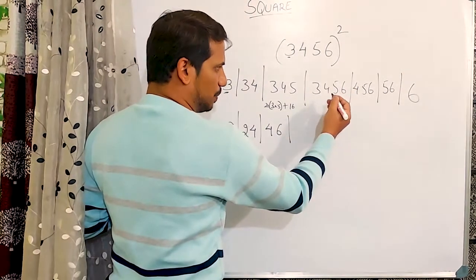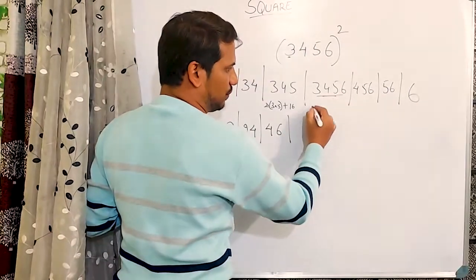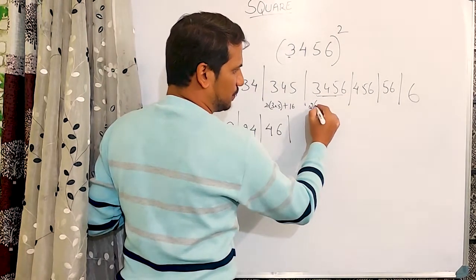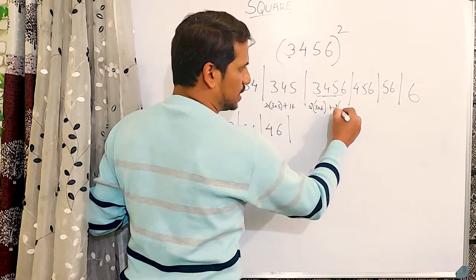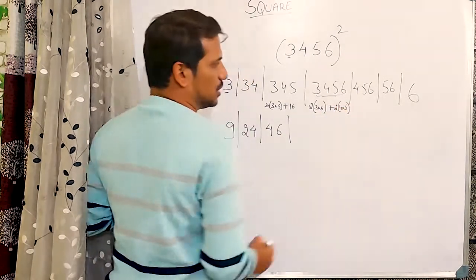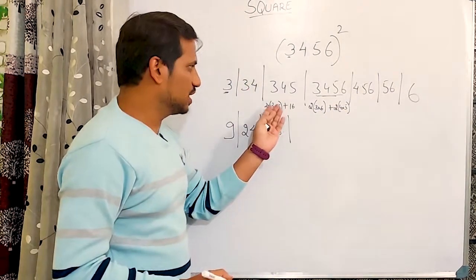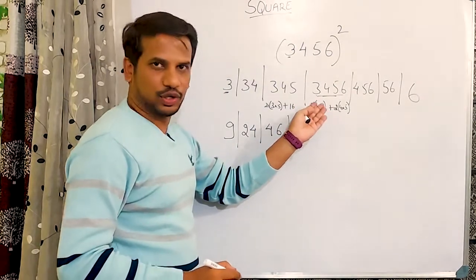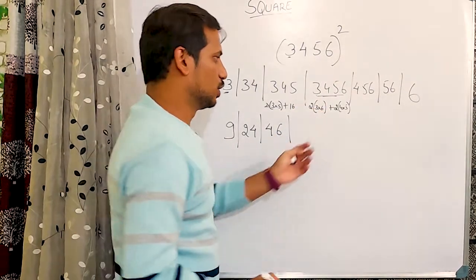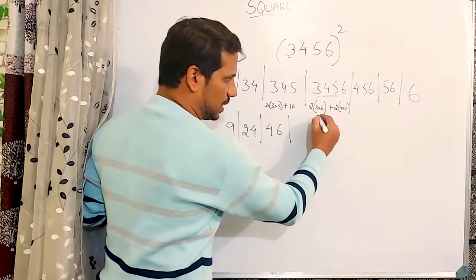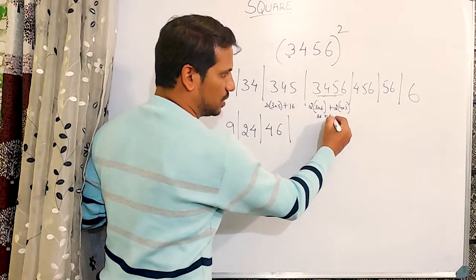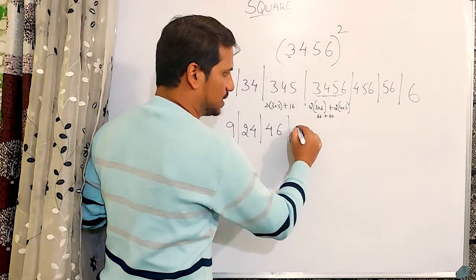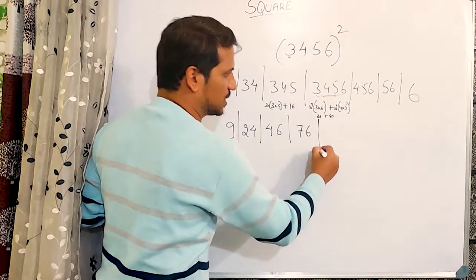Now duplex of 3456, how to find it? Twice the numbers which are in the extremities plus twice 4 into 5. By practice, you can eliminate this step. So for your convenience, I am just writing it down. 18 into 2, that is 36, plus 20 into 2, that is 40. So duplex of 3456 is nothing but 76.